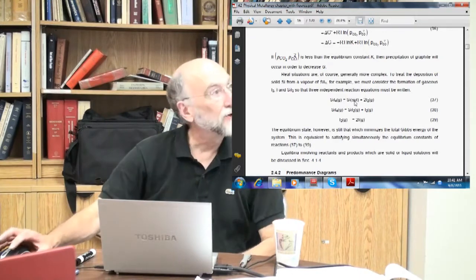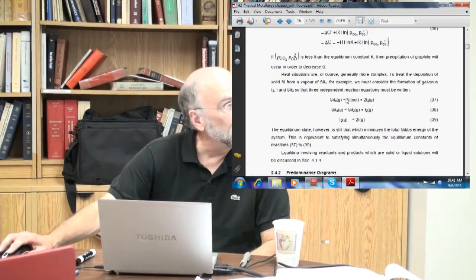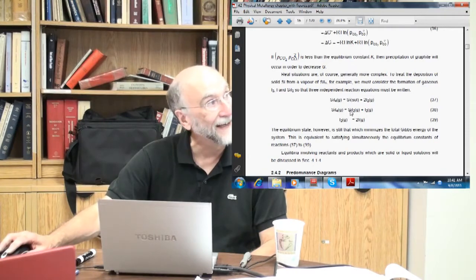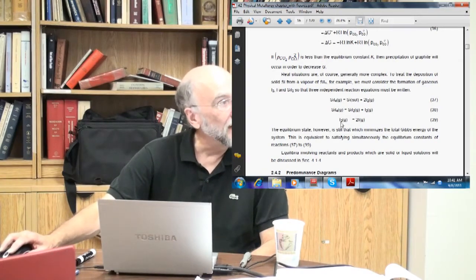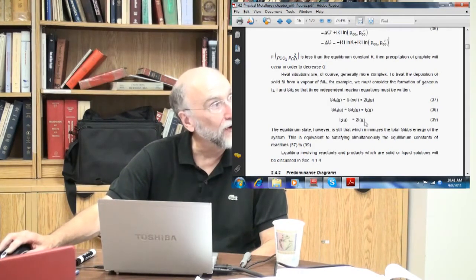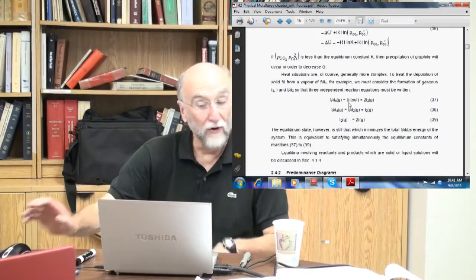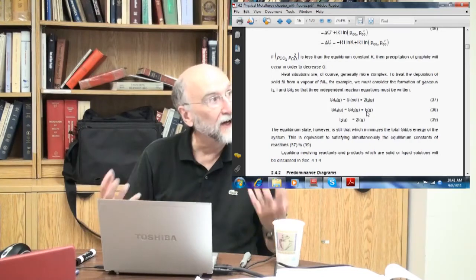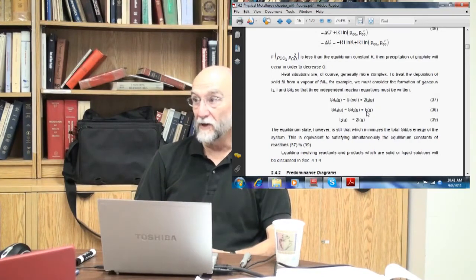You're hoping your silicon tetraiodide gas will deposit silicon and form iodine gas, but the silicon tetraiodide will also dissociate to form silicon diiodide gas, and the iodine gas will partially dissociate to form monatomic iodine. The whole system will be at equilibrium when all three of these reactions are at equilibrium, or when the entire Gibbs energy of the system is minimized.